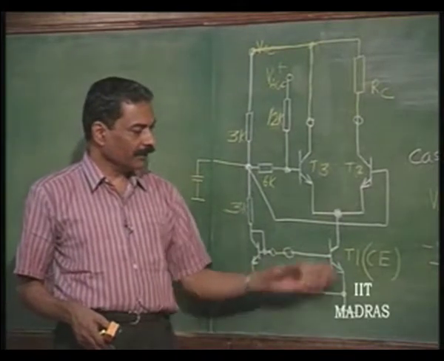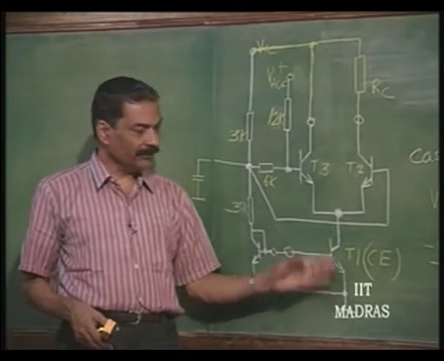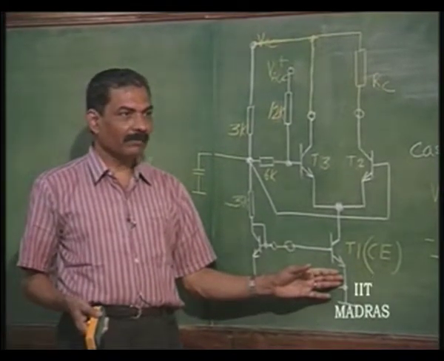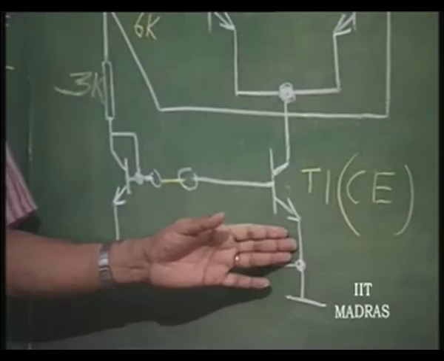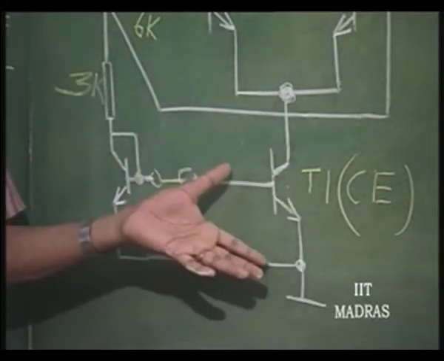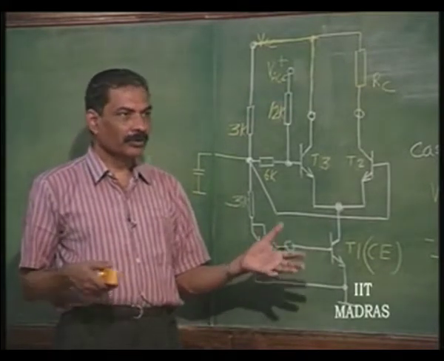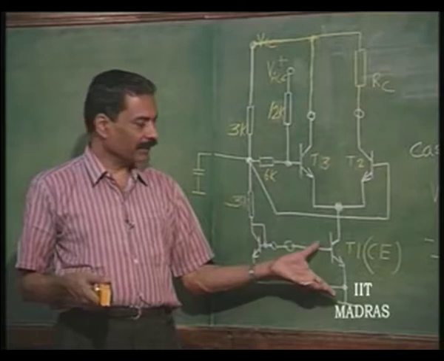If you vary the emitter current, we have seen in the last class that Y11 and Y21 parameters also vary. If Y11 and Y21 parameters vary, then when we are using it as a tuned amplifier, okay, the Q, the bandwidth, all these things will vary.